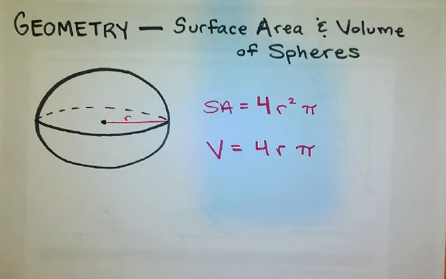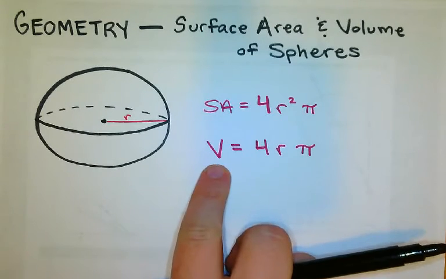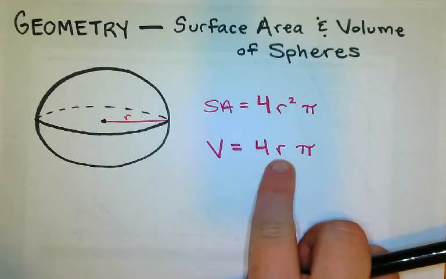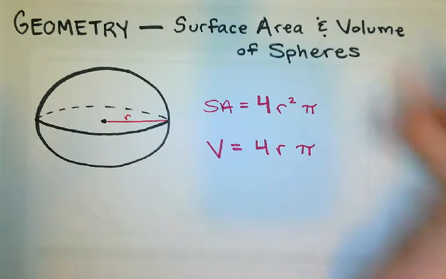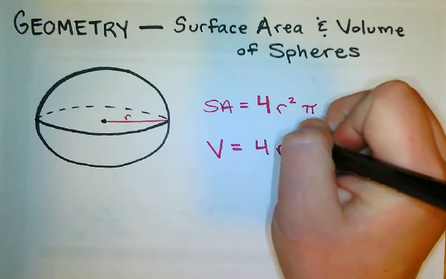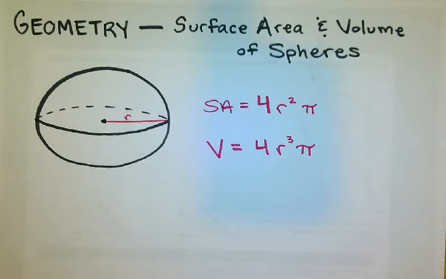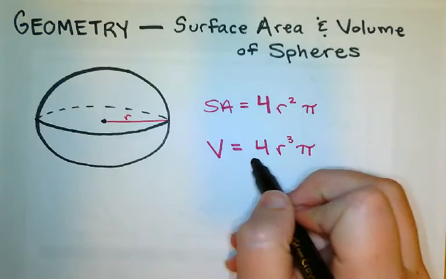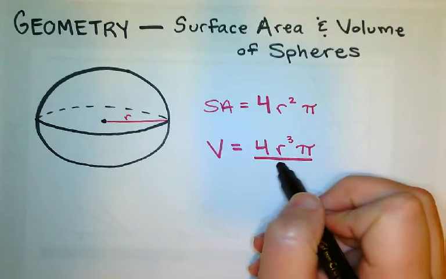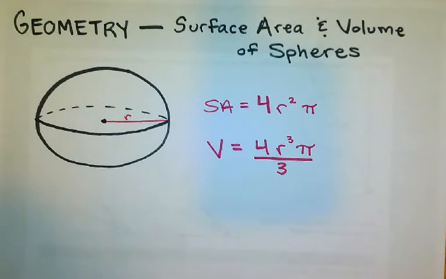So since we're looking at volume, we're still going to have units cubed, so instead of our r being squared, our r is going to be cubed. But similar to when we found volumes of cones or pyramids, this is all going to be divided by 3. So there's our formula for volume of a sphere.